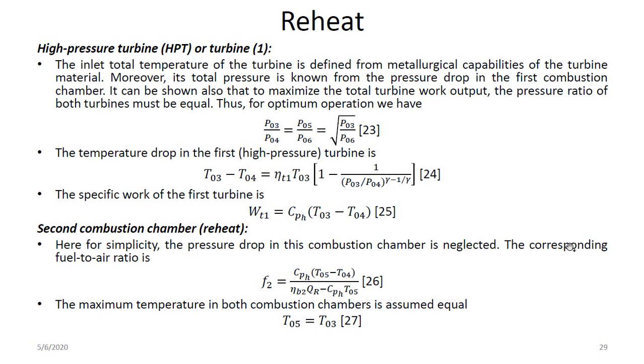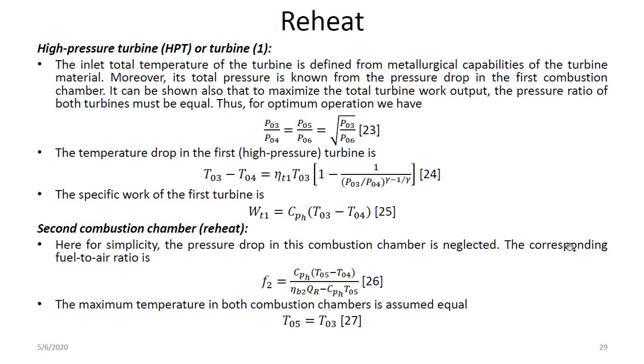So the inlet total temperature of the turbine is defined from metallurgical capabilities of the turbine material. I've already explained this. Hence, for optimum operation, the pressure ratio P03 over P04, which is the pressure ratio across the first turbine, should be the same as the pressure ratio across the second turbine, because P05 is entry to the second turbine and P06 is exit of the second turbine.